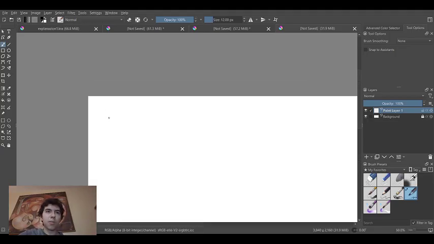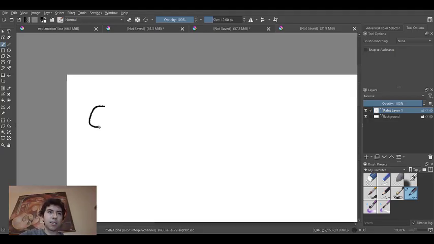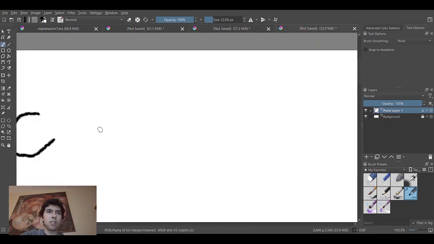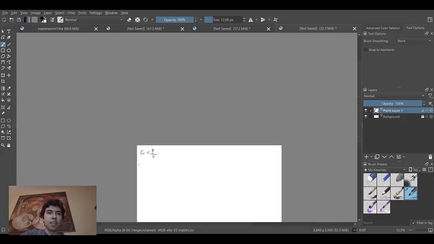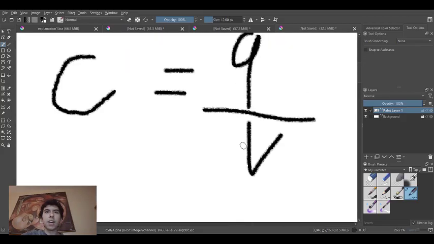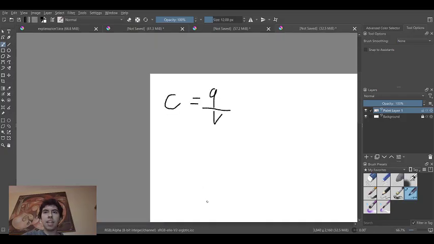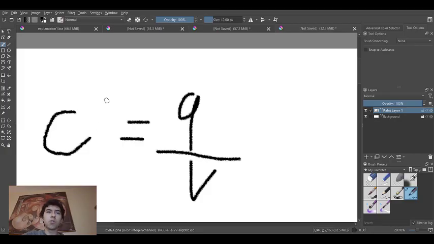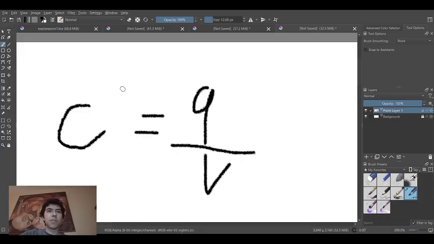We're going to return to this version of the formula: C equals Q over V. This means that if we have either the voltage drop in the entire circuit or the charge of the individual capacitors, we can calculate the capacitance, or the charge, etc. We can calculate any of these if we have two of them.